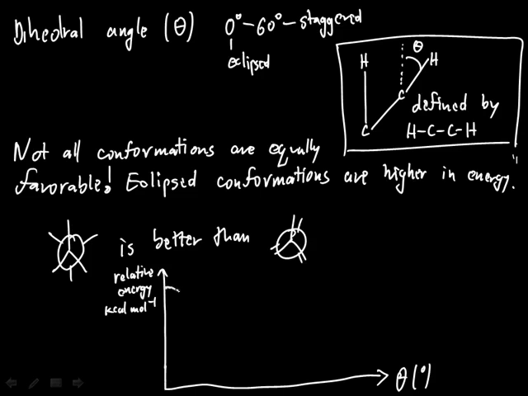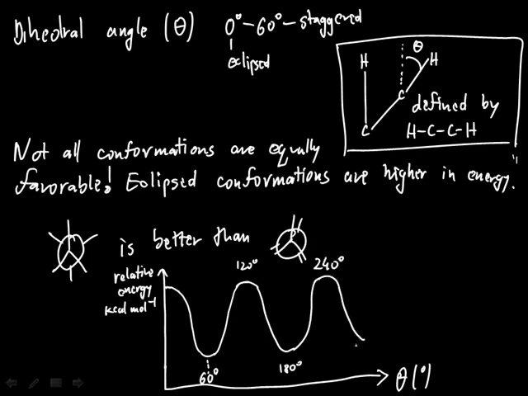As we keep increasing the angle, this energy lowers until we reach the value of 60 degrees, which is the staggered conformation, which is most stable. Then we're moving on to the next eclipsed conformation, which is at 120 degrees, which is unstable as well. Then we're going to 180 degrees, which is stable, 240, unstable, 300, stable, and 360 takes us back full circle to the unstable eclipsed conformation.